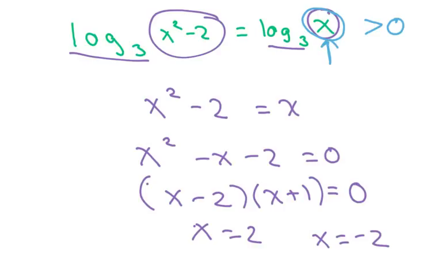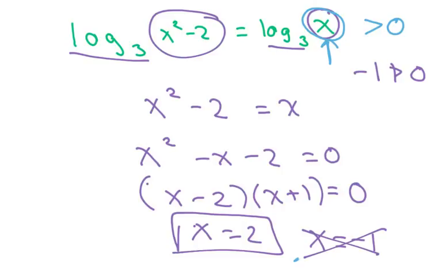That's invalid. So we have to disregard, this should have been negative 1, sorry. So this should have been x equals negative 1. But negative 1 doesn't work because negative 1 is not greater than 0. So you disregard that, and we only have one solution, which is x equals 2. And we will go more into that in the next video.